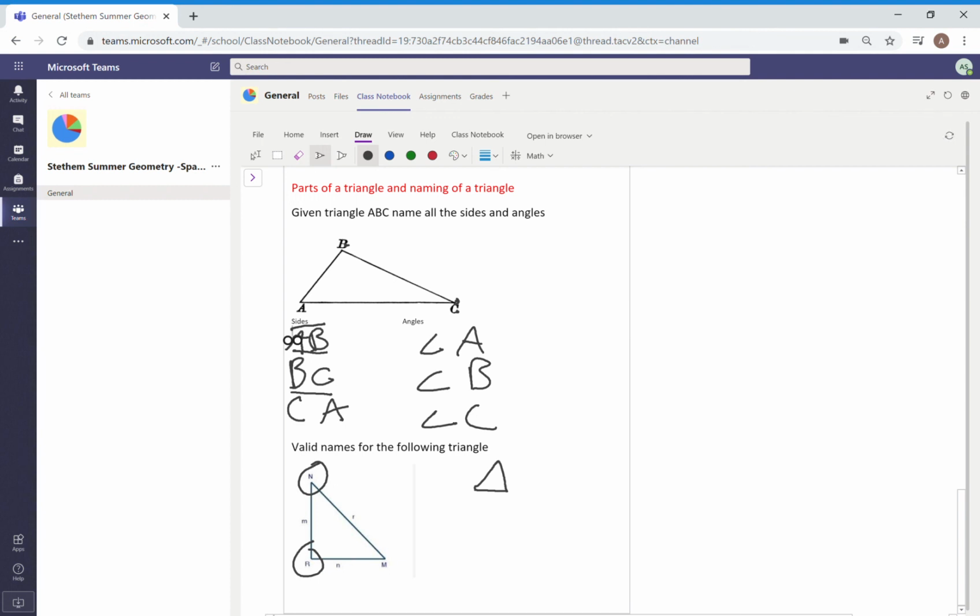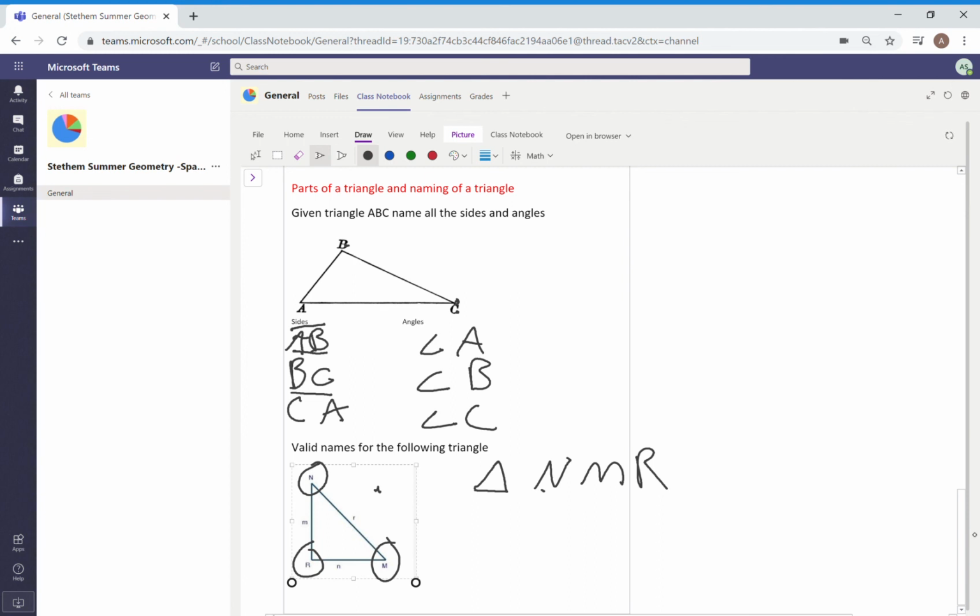These are the three letters I care about. And I have options. I can do them in whatever order. So say I started with N. I could do triangle N, go down to M, to R. That would be one valid name for this triangle.